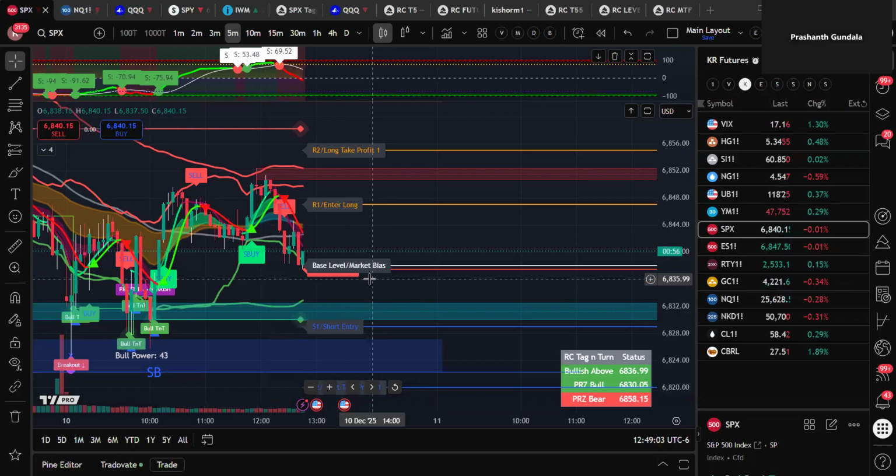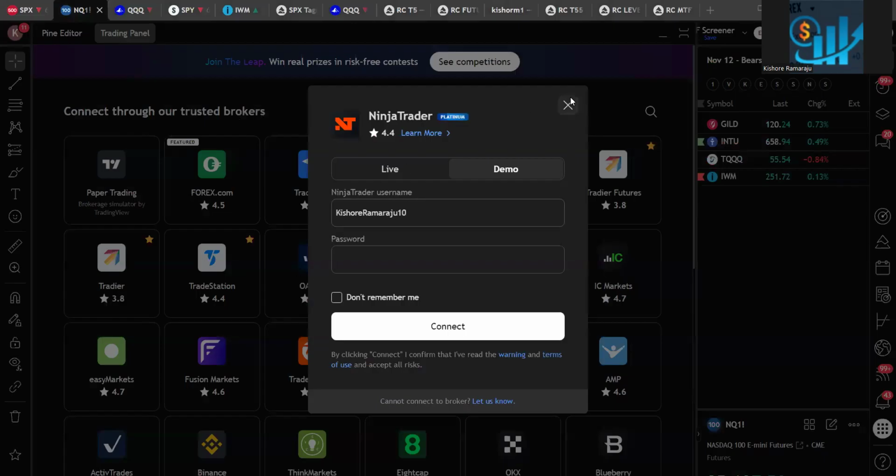Okay, so is that allowed, to keep Trader Weight on two different tabs, and execution will be only one tab? You use Ninja Trader in one tab and you use Trader Weight in one tab. Even in Ninja Trader you can use your Trader Weight accounts, so you can connect to Trader Weight.